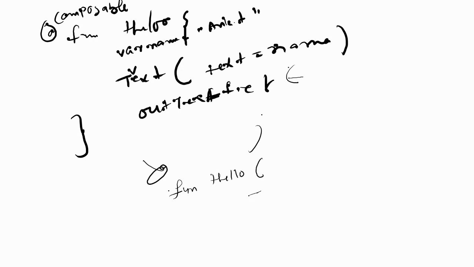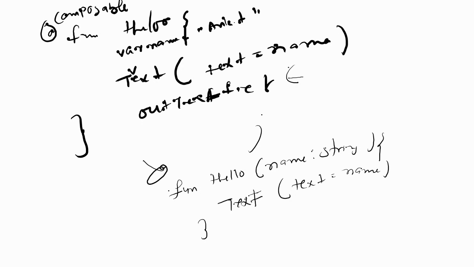Here I will take name as a parameter from outside, and now I will call this Text composable with text equal to name. Previously I was using remember, so make it like this. Sorry for the bad writing. Yes, this is a kind of remember.